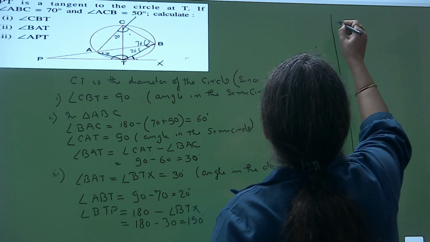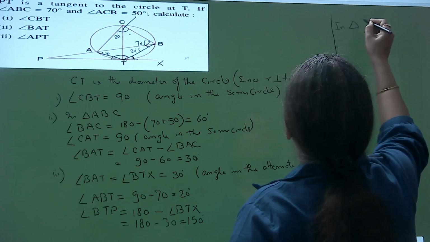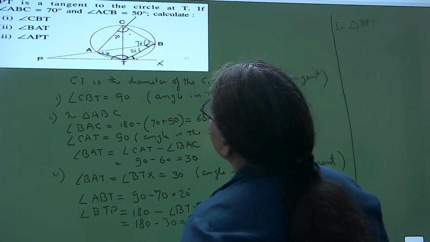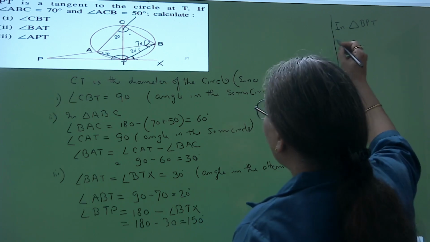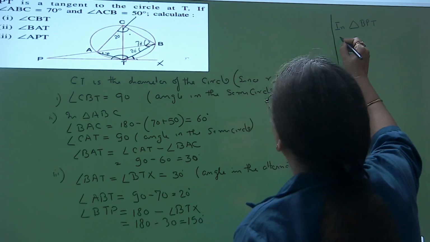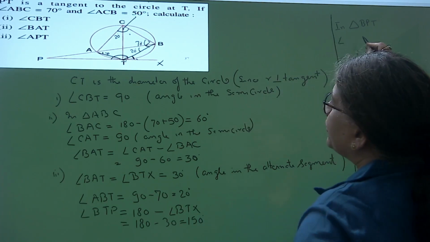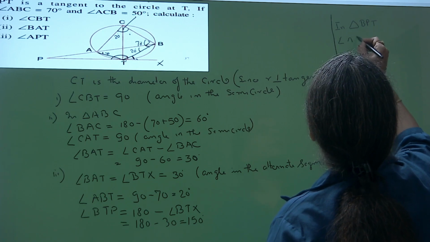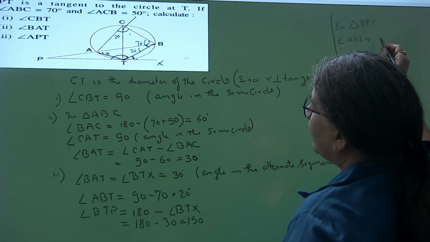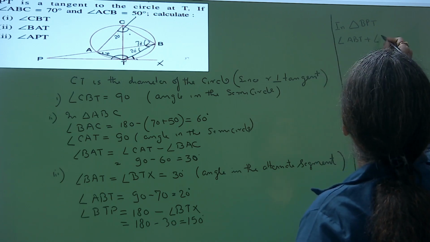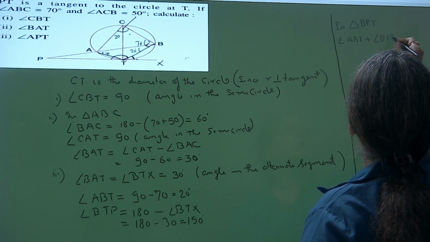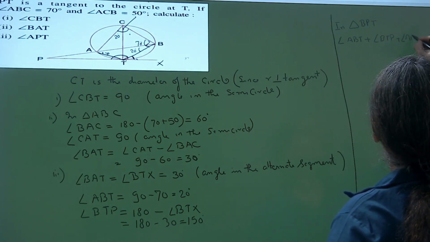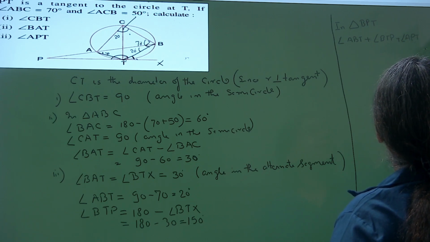So let's write in triangle BPT, using angle sum property, angle ABT plus angle BTP plus angle APT is equal to 180 degrees.